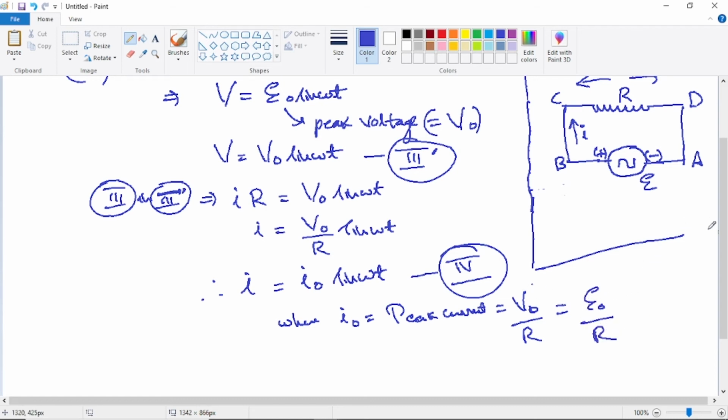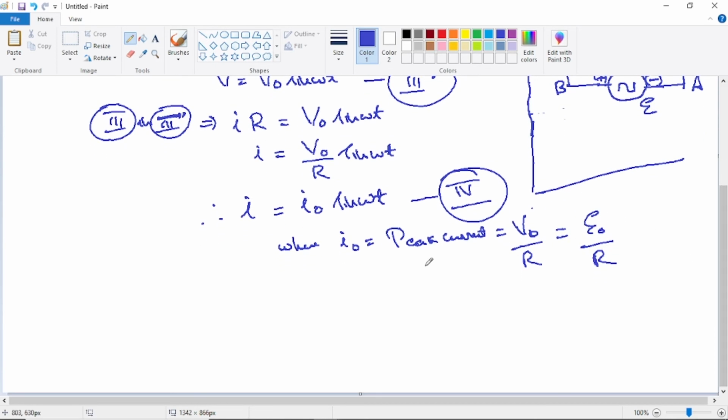Now just observe here, this is a very important equation. The peak current I naught is given by the peak voltage across the resistor, or the peak EMF of the source, divided by the resistance of the resistor. Now this equation is similar to the Ohm's law equation.